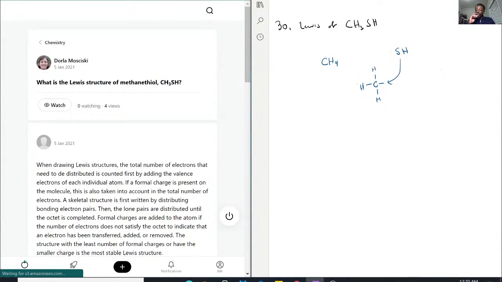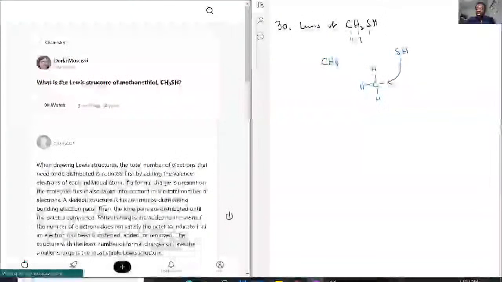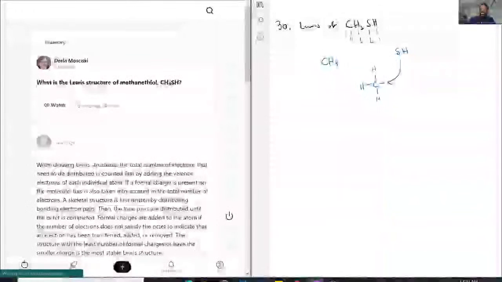Nonetheless, let's just try to solve it. So we have carbon, that's 4 because it's on the 14th column. Hydrogen in the first column, there's 3 of them, so that's 3. Sulfur, 16th column, that's 6. And then the last hydrogen, that's 1 again. So that's 4 plus 3 plus 6 plus 1. So that's 4 plus 4 plus 6. That's 8 plus 6.